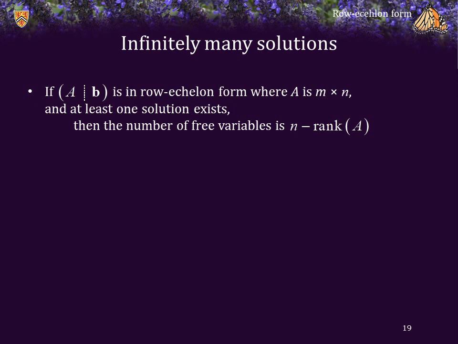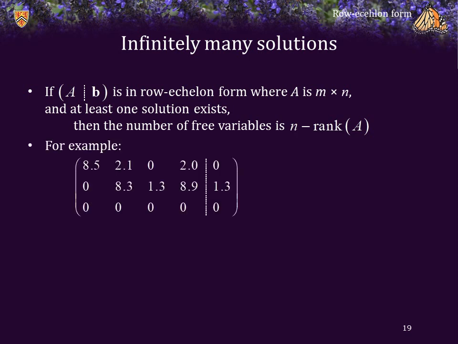All right, let's look at some examples. Here, the matrix A is 3 by 4, indicating that this is describing a system of 3 linear equations in 4 unknowns. The augmented matrix is in row echelon form, and the rank of A equals the rank of the augmented matrix, and both are equal to 2.